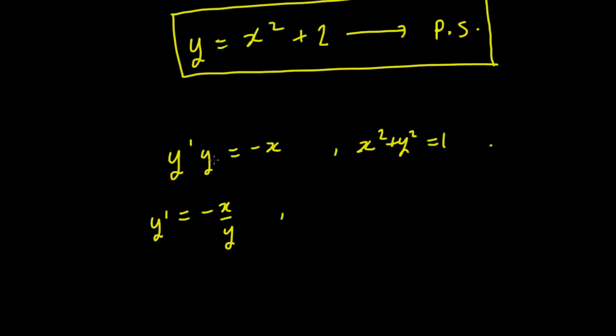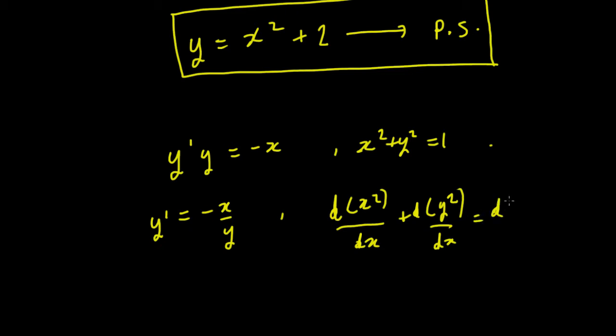So we're going to show that this here satisfies that. So what we have to do is differentiate this. When we differentiate this, it's implicit differentiation. So we're going to be saying d of x squared by dx plus d of y squared by dx equals d of 1 by dx.